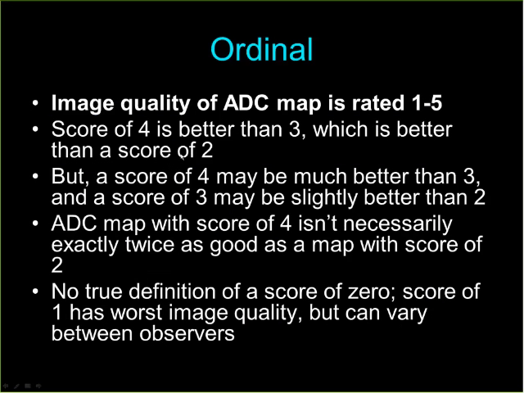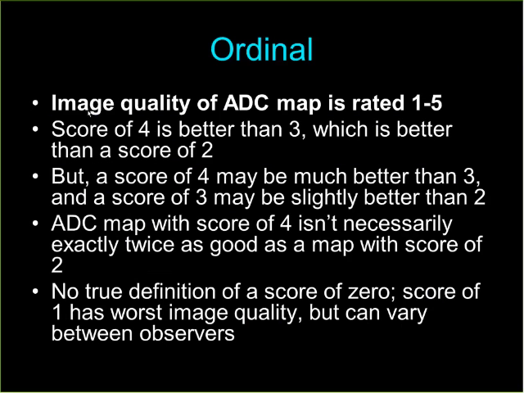So let's take an example of imaging. Say we're looking at the image quality of some image set, the ADC map. These tend to be noisy, and we're acquiring these with different sequences, and reviewers are looking at them and giving image quality from 1 through 5. A score of 4 is better than a score of 3, which is better than a score of 2. But a score of 4 may be much better than a score of 3, and a score of 3 may be slightly better than a score of 2.